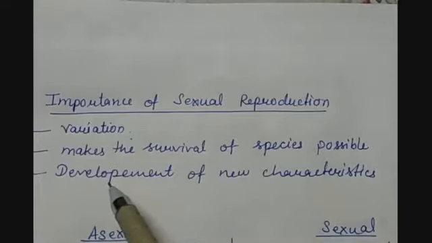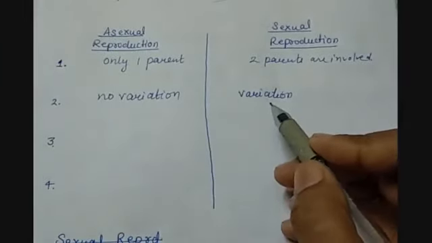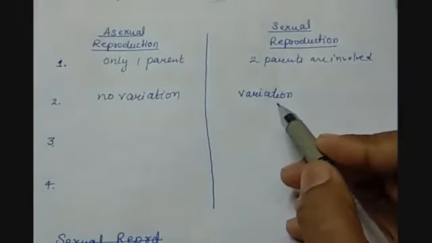As only one parent is involved in asexual, no variation comes, but in sexual, variation takes place. So in asexual, the offspring or the young ones will be similar to the parent, and in sexual, the offspring will have some differences as compared to the parents.